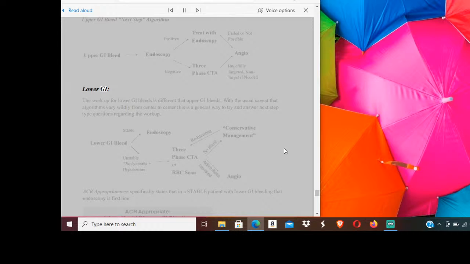Lower GI. The workup for lower GI bleeds is different than upper GI bleeds. With the usual caveat that algorithms vary wildly from center to center, this is a general way to try and answer next step type questions regarding the workup.